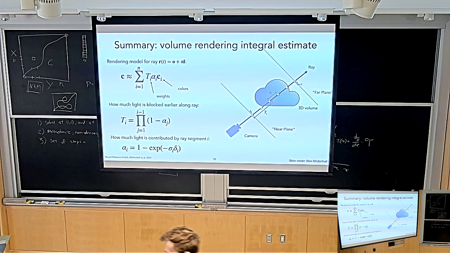And this probabilistic interpretation allows you to formulate the color observed by a ray as an expectation of all the colors along the ray. You shoot the ray, and for all the particles along the ray, you take the expectation: what is the probability that the light will get up until this point, and that is the weight for the color at that point. Then this expectation, this integral, is going to give us the color for that ray, right?